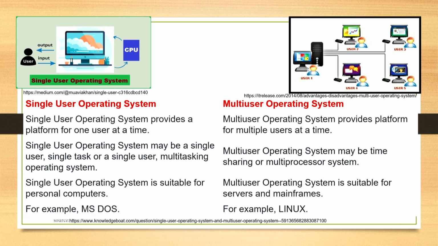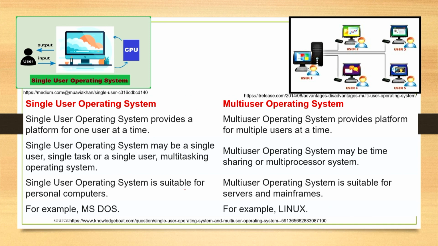The duration of a slot is so small that everyone has a feeling that they are executing their jobs on this system. But actually the CPU slots have been divided among these users for the execution of their processes. So that is the case of a time sharing operating system.